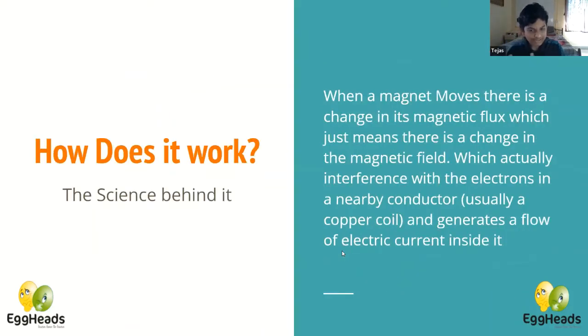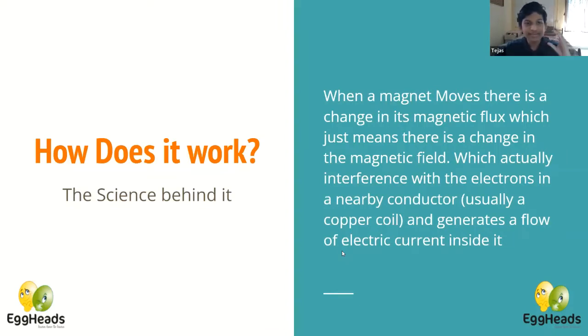So now, how does this project actually work? There's a few parts of the electric generator. The main idea is it works on the principle of electromagnetic induction, which I'll break down as well as I could understand it. Whenever you move a magnet, there's actually a subtle change that you can't see, but it is happening.